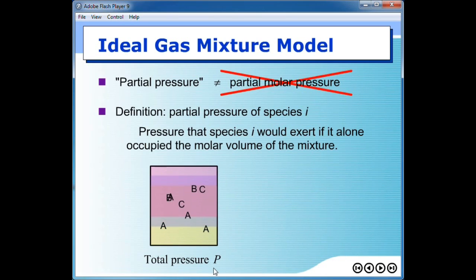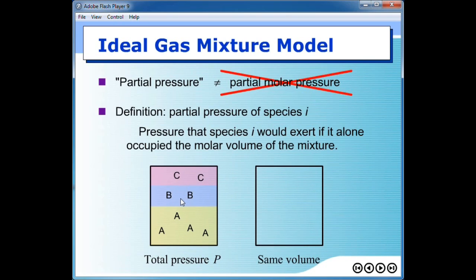So imagine separation of all three species like so. Instead of mixing them together, suppose we can separate them. The molecules of species A are together in this region, the molecules of B are together as well.